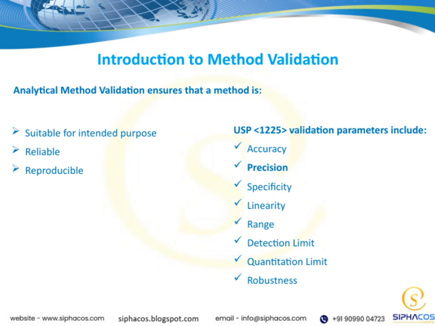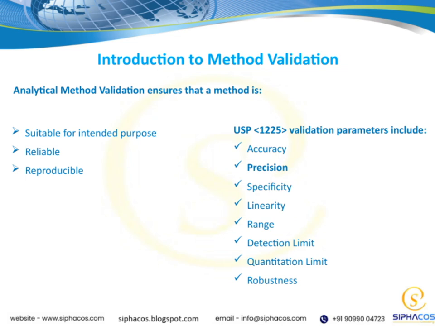Specificity is also critical. It means our method can distinguish the analyte from other components. Linearity confirms the method's ability to produce results proportional to the concentration across a range, which ties into the range itself, the span over which the method remains valid. Detection limit and quantitation limit define how small an amount we can reliably detect and measure.